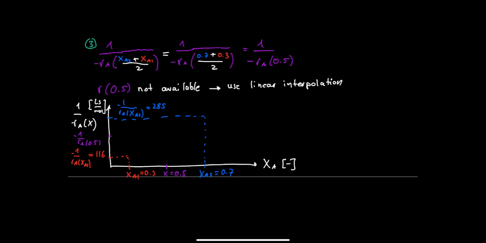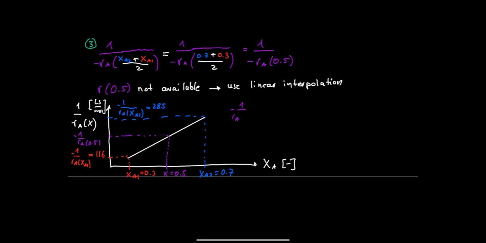And what we are going to assume is that within this range we have a linear relationship, meaning this correlation can be graphed as follows within these boundaries. So linear interpolation is being used as follows.